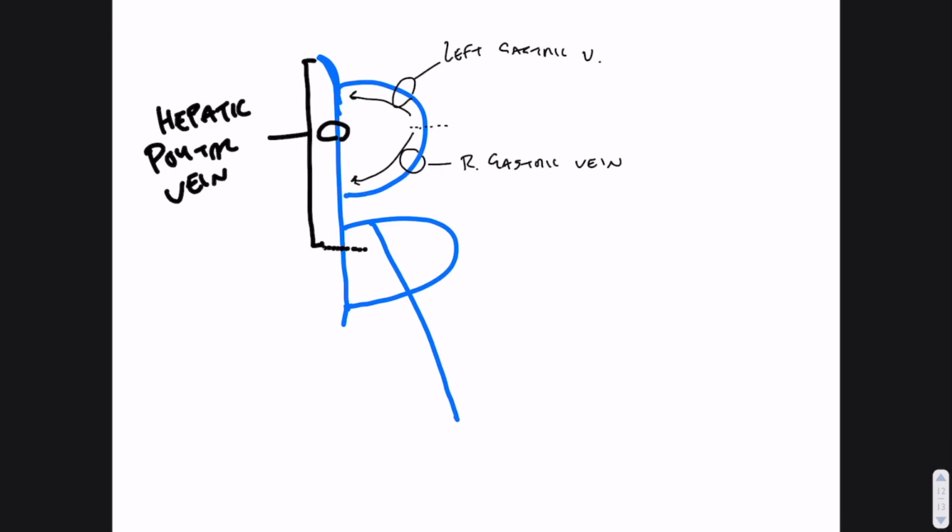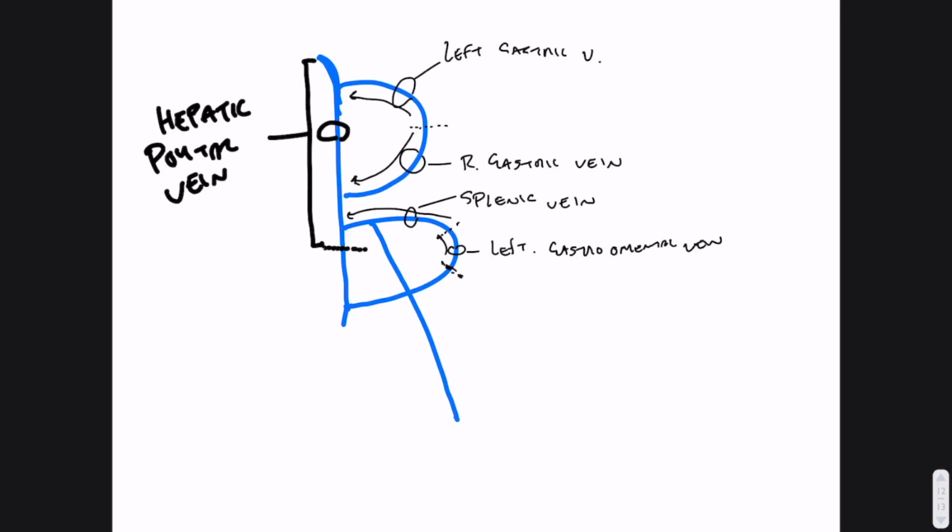And then we come down here. There's a couple separations. So right here we have the splenic vein. Its blood supply just wants to get into the hepatic portal vein. Right here we have the left gastromental vein.